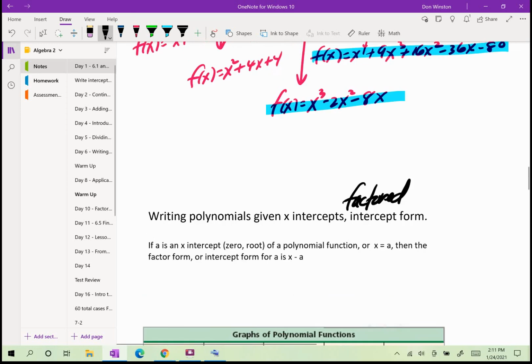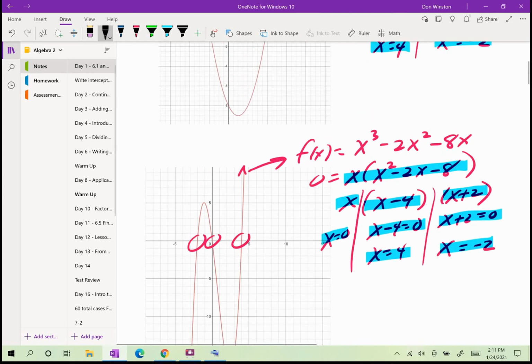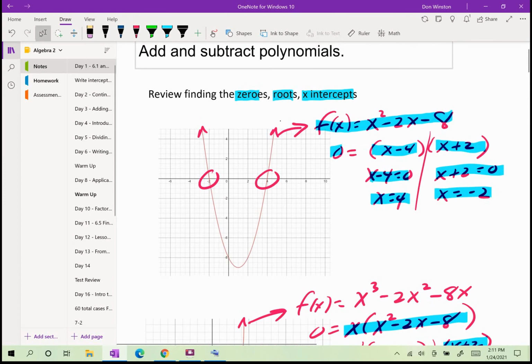Let me go back to when I started. To recall, my x-intercept, my zero or root, was x is equal to 4. If my zero is x equal to 4, then the intercept form or factored form, I'd have to subtract 4. X minus 4 will give me 0. In other words, the factor that gave me the zero of 4 was x minus 4.